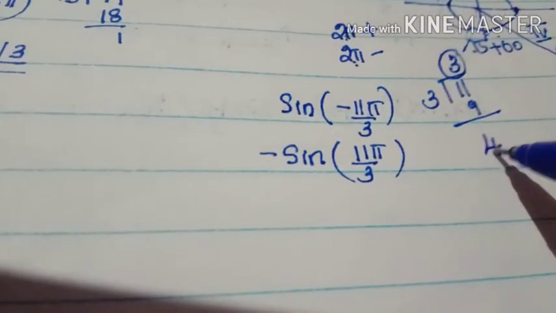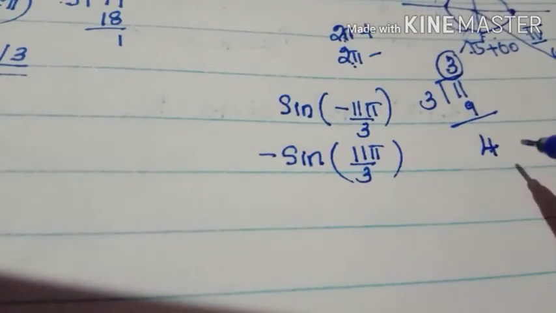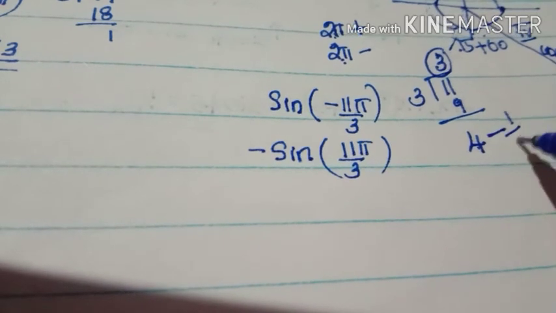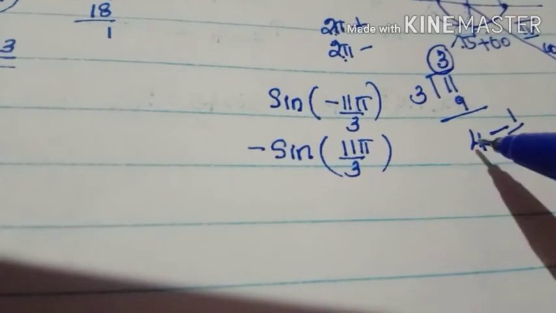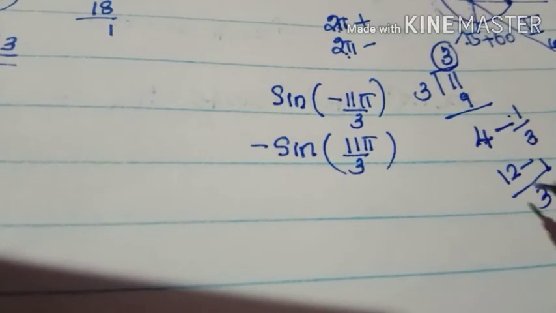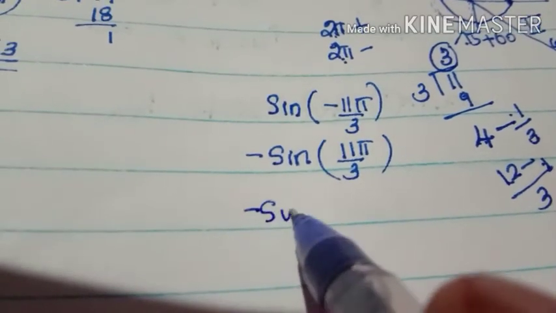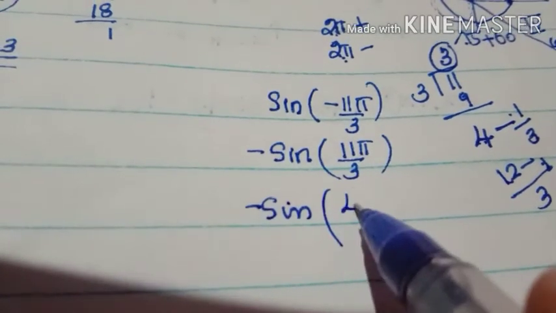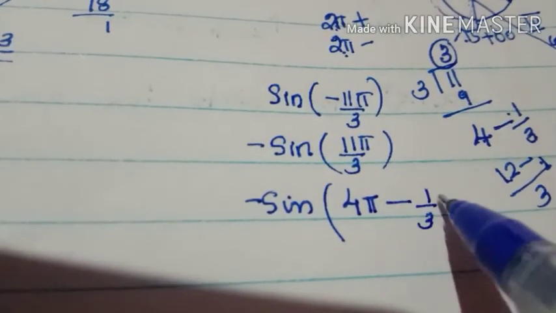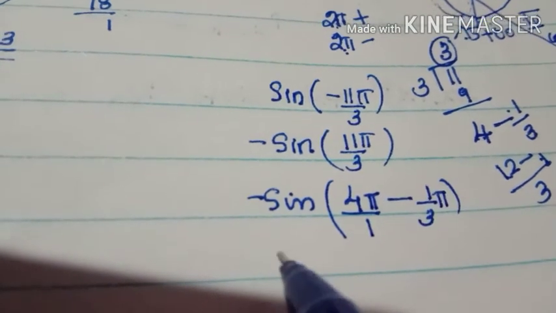If we take 4, then this 11 by 3 can be written as 4 minus 1 by 3. 4 into 3 is 12, 12 minus 1 is 11, over 3. So this can be written as minus sine of 4 pi minus 1 by 3 pi. Taking LCM, you will get the same answer.